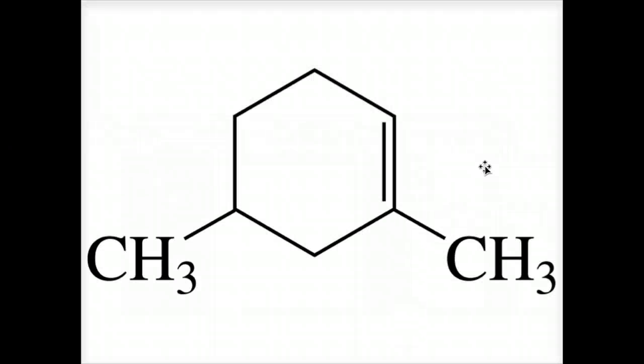The next example, name this compound. It's an alkene, cyclic structure, has 2 methyl groups. We want to number in order to get a number 1 on one of the substituents. Of course, the double bond must be between 1 and 2, so to get 1 on one of the substituents, number 1 will be this carbon. Therefore, that must be 2, because the double bond has to be between 1 and 2.